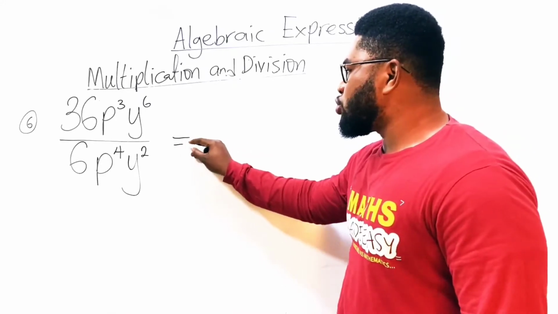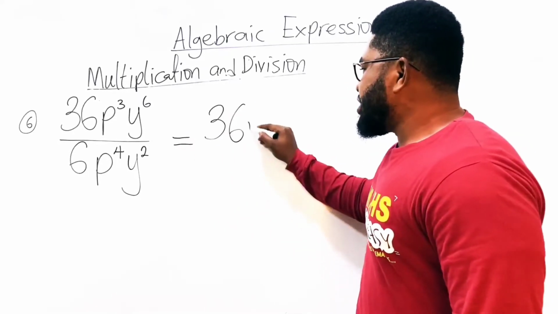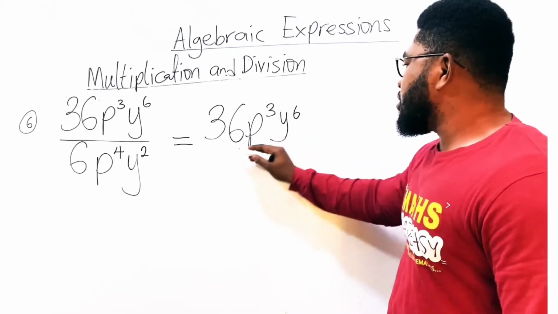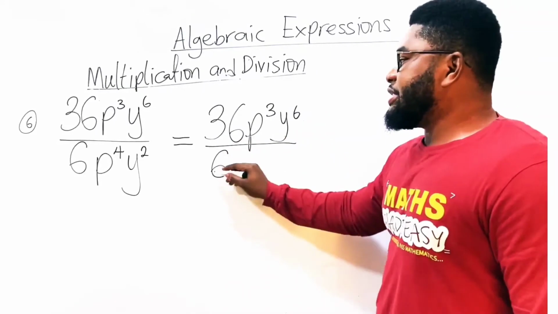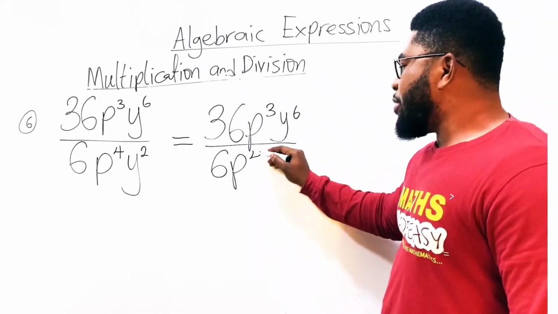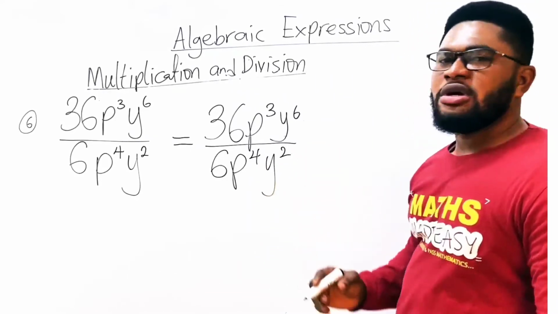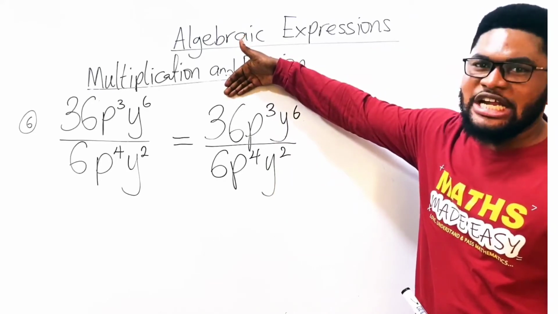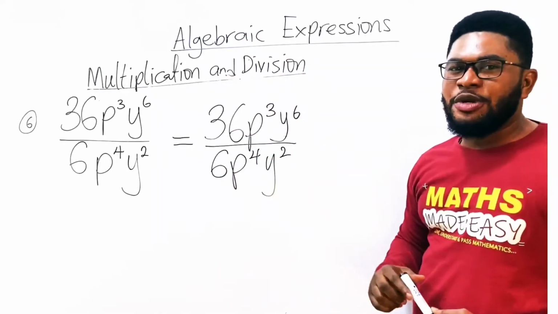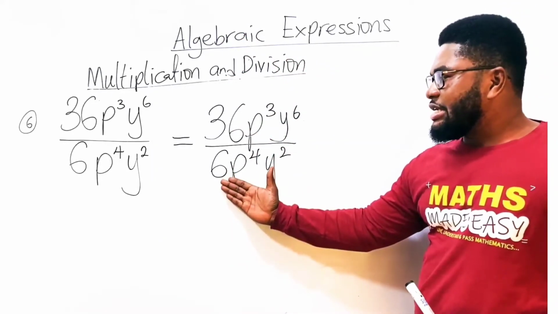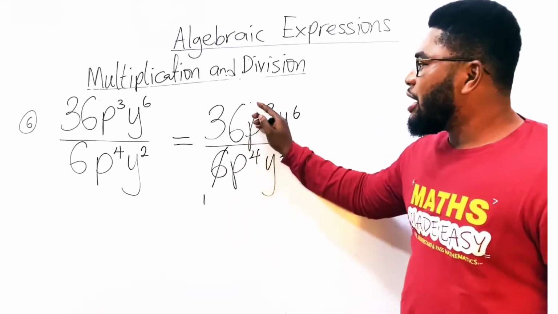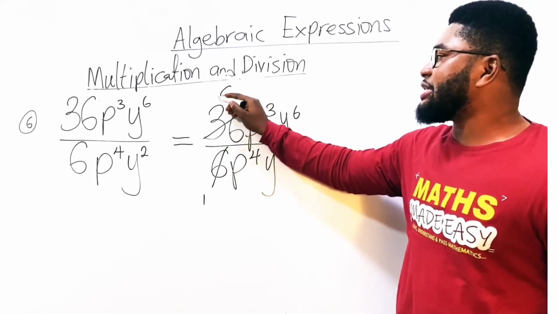So this is equal to 36p raised to the power 3 y raised to the power 6, all divided by 6p raised to the power 4 y raised to the power 2. Now checking the coefficient, I have the coefficient of 36 at the numerator and 6 at the denominator. Obviously 6 is the least one, so 6 goes into itself 1 and goes into 36 6.